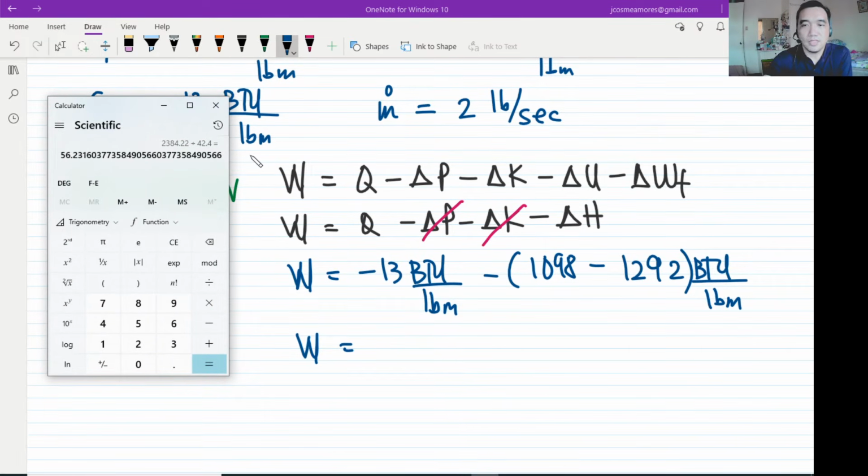So that would be negative, but since this is also negative, this term would be positive. So we'll just do 1292 minus 1098, that's 194, and then subtract 13. So we have 181.